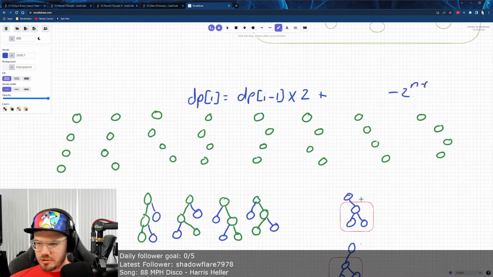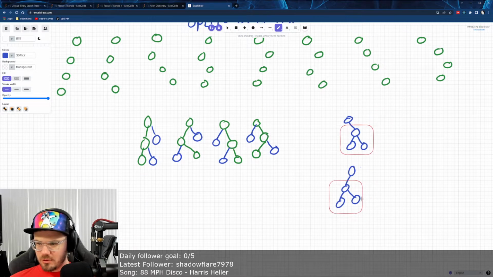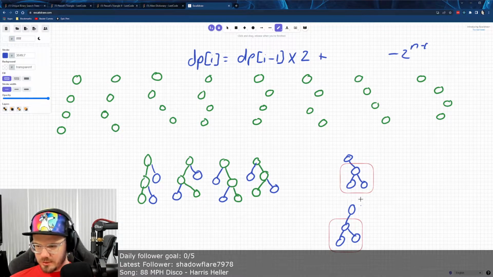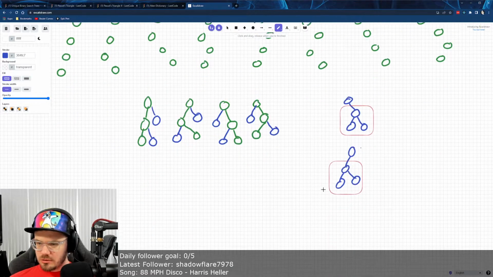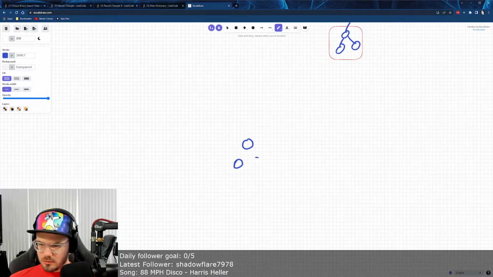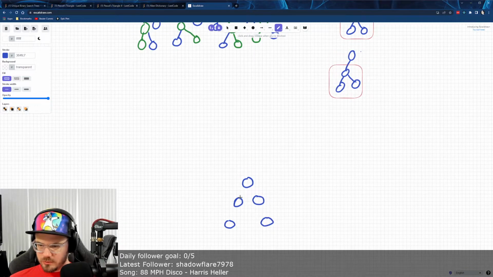The question is, once we go to dp of 5, are we subtracting out 4 things, or 3 things? Also, once we get to dp of 5, we have this that we need to make sure that we represent.